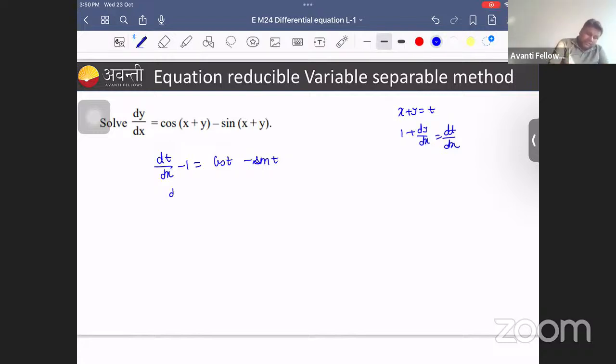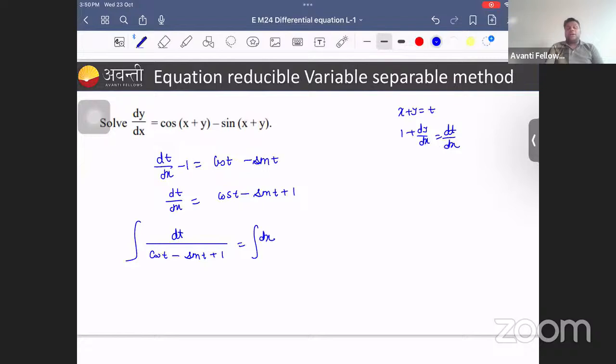So dt by dx became what? Cos t minus sin t plus 1. So dt upon cos t minus sin t plus 1 is equal to dx. Now you integrate both sides.